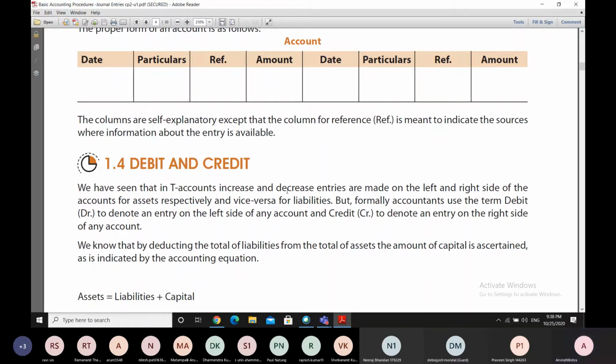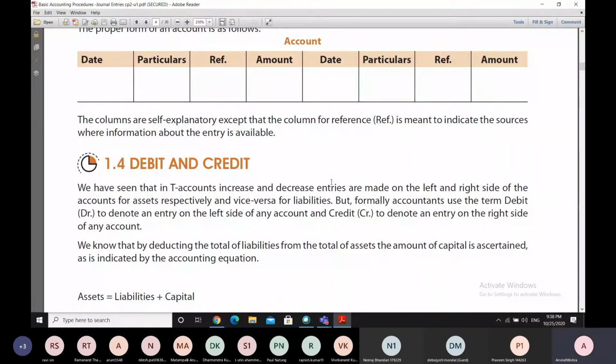And for liabilities, whenever there is an increase in the liabilities, we do the vice versa of it. So as we have written in the case of assets, the increase entry we have written on the left hand side, but in the case of liability, the increase entry we make on the right hand side and the decrease entry we make on the left hand side.